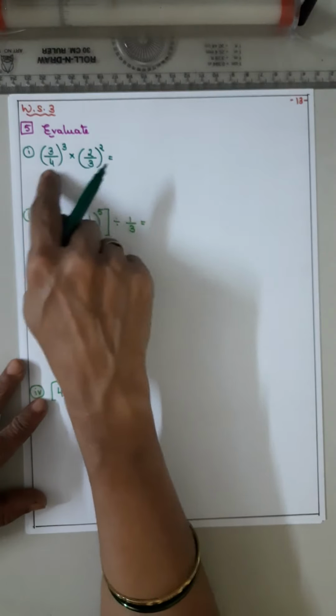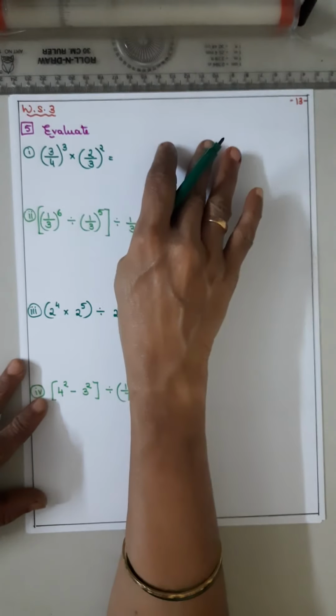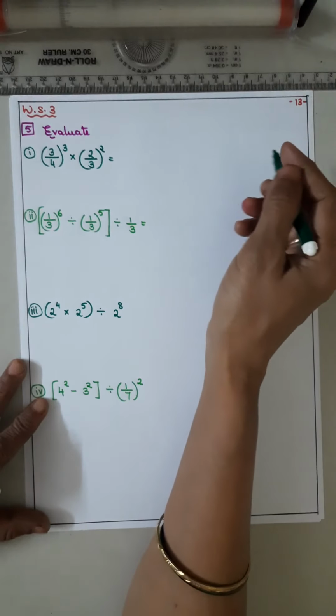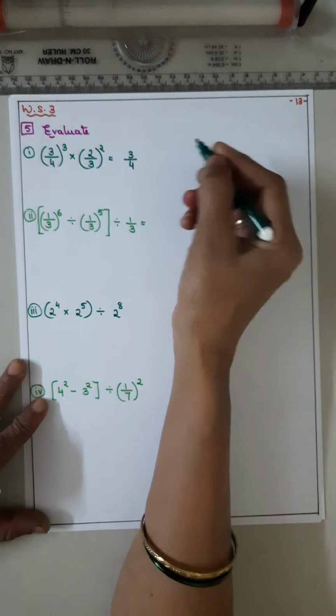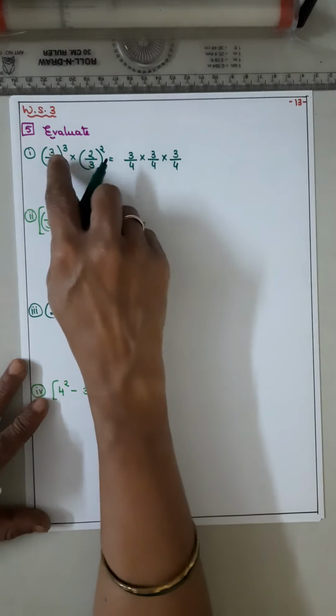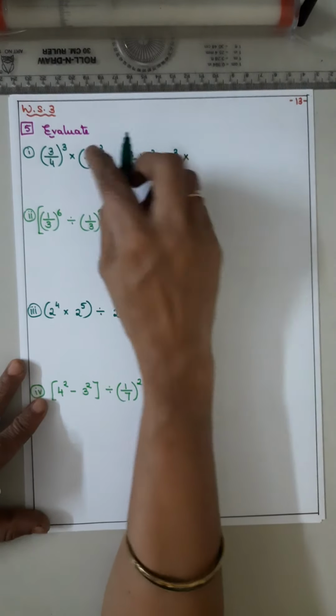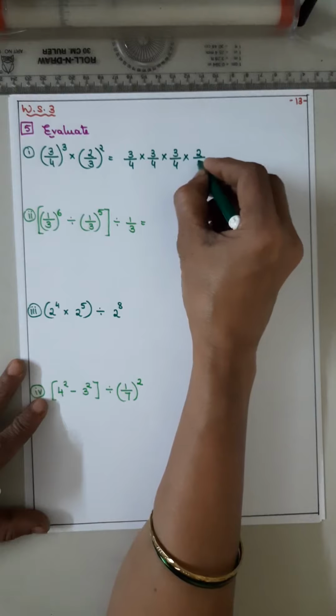Now are the bases same? No. So we can't use the law. So write 3 by 4 into 3 by 4 into 3 by 4, 3 times, and 2 by 3, 2 times.